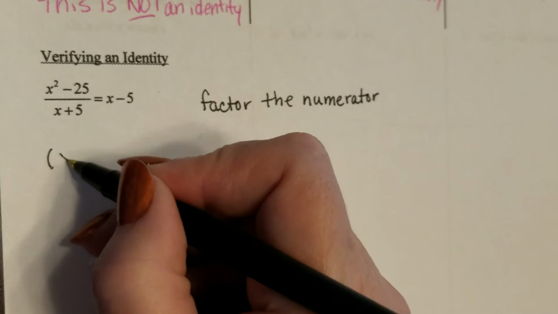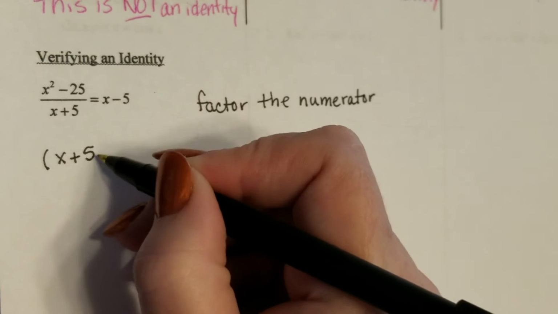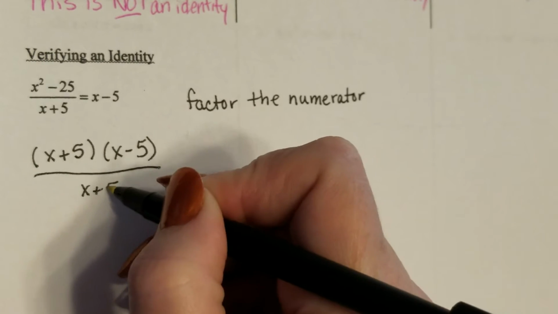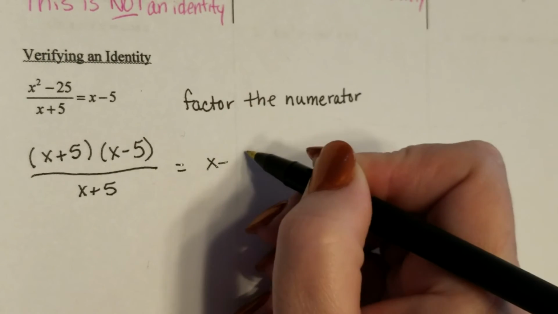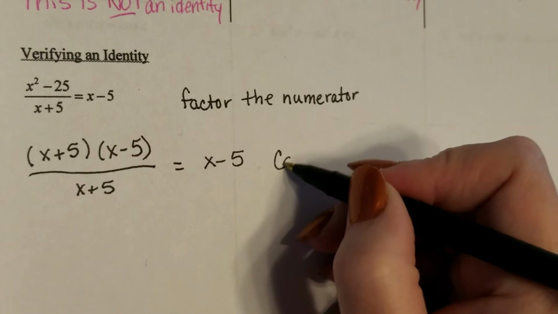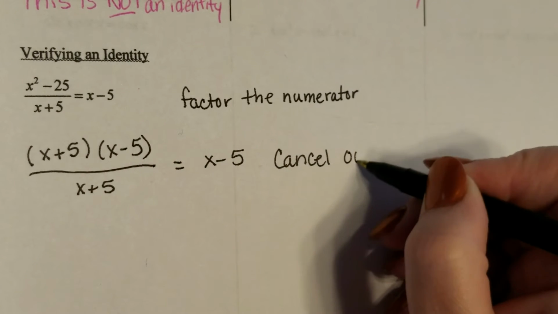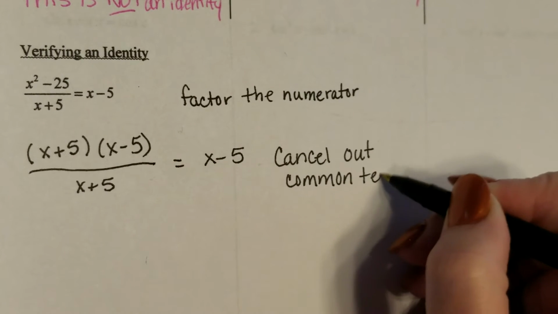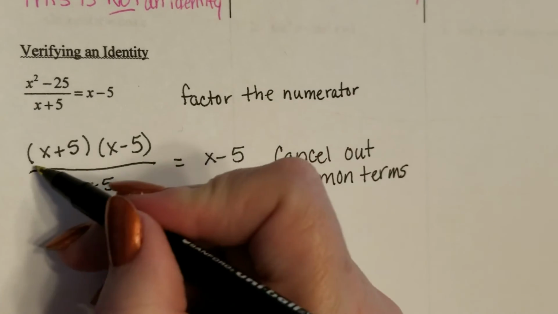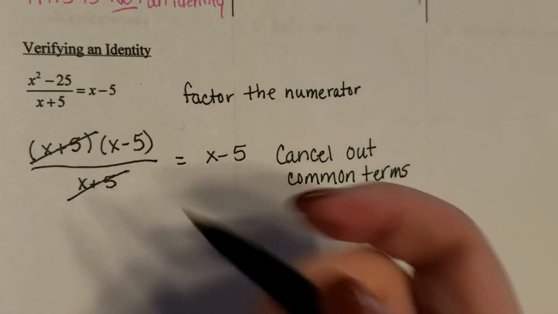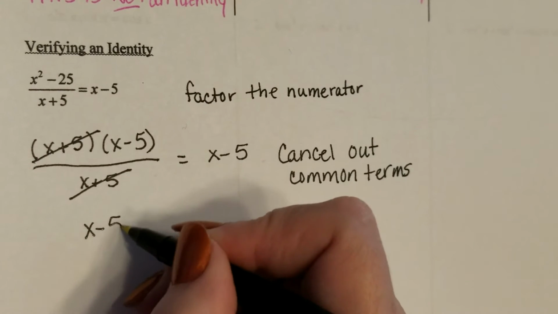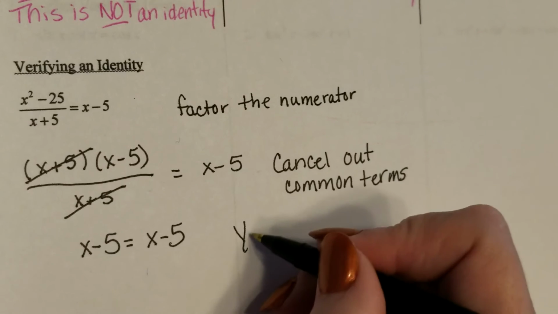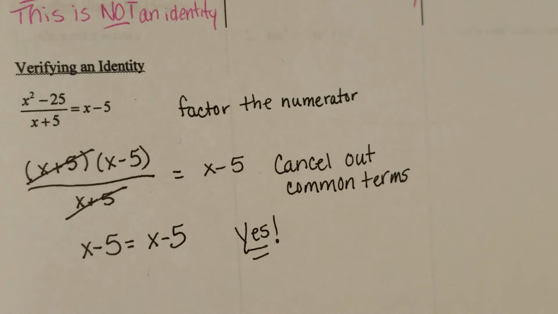It can be factored into x plus 5 times x minus 5, and that's being divided by x plus 5, and it equals x minus 5. Now I'm going to cancel out some common terms. So x plus 5 divided by x plus 5 is 1. 1 times x minus 5 is x minus 5, and that equals x minus 5. So we have just proved that this is true. It is an identity.